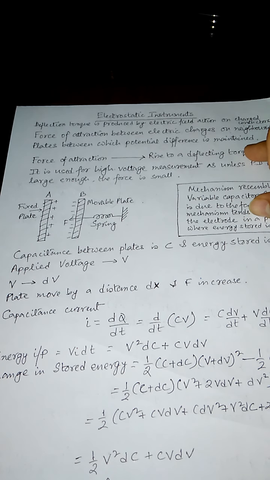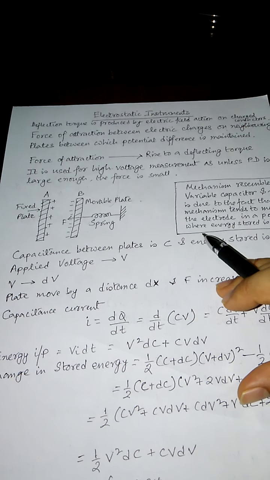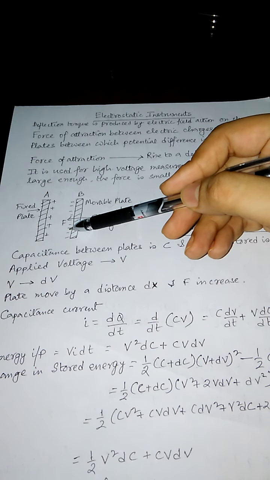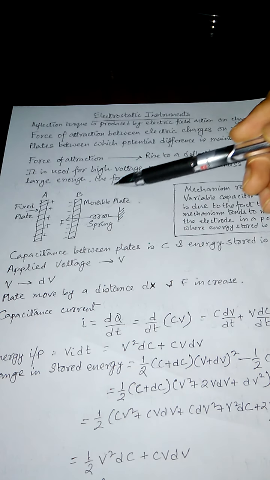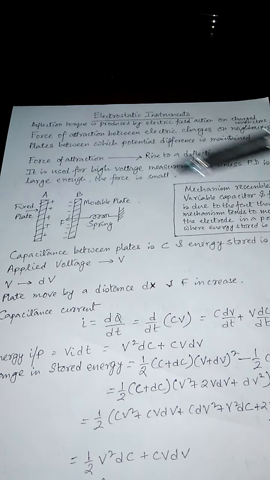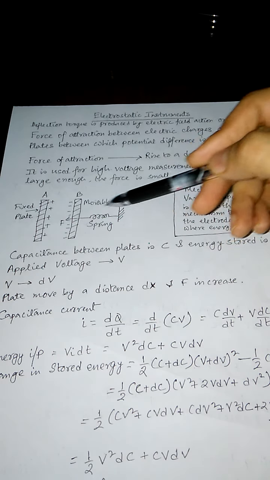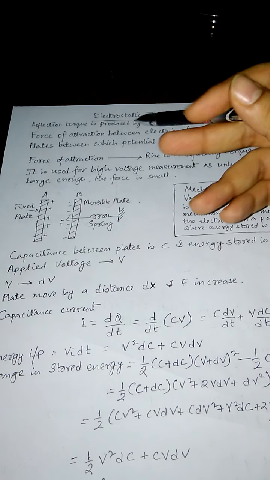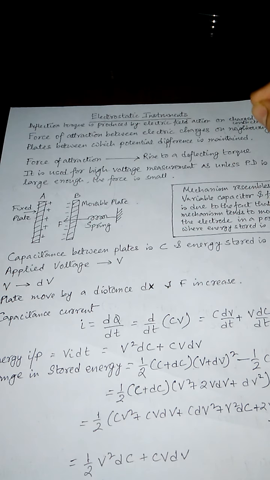Now, when we consider a capacitor with two plates, two charged conductors, there is some capacitance between these two plates, and when there is a displacement of one plate, the capacitance varies.